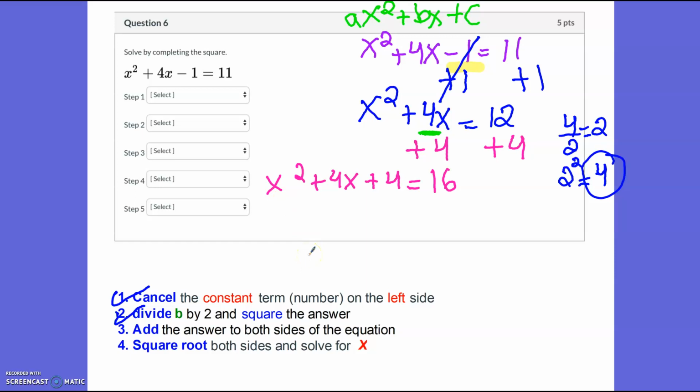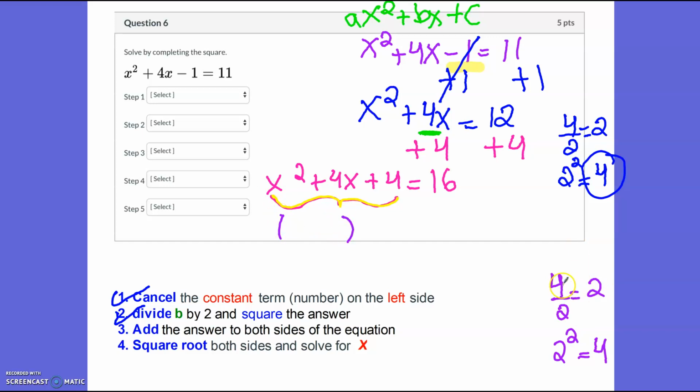So now I need to check if this equation is a perfect square. To find out, I need to know that if I divide 4 by 2, I get 2. And if I square 2, I'll get 4. So yes, this equation is a perfect square.